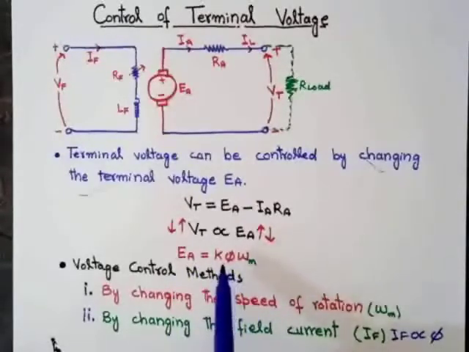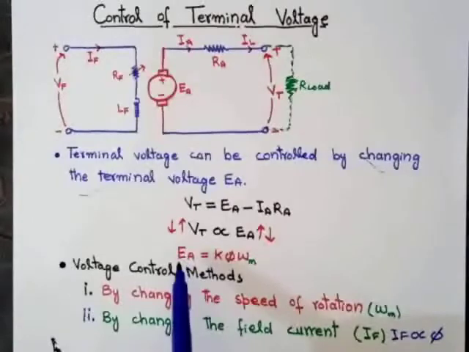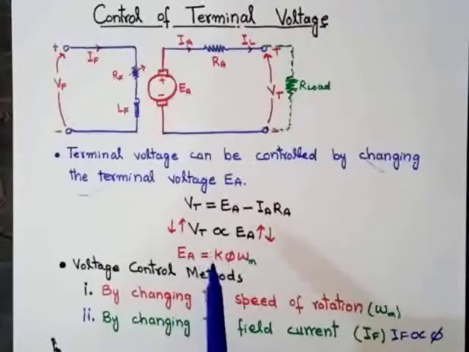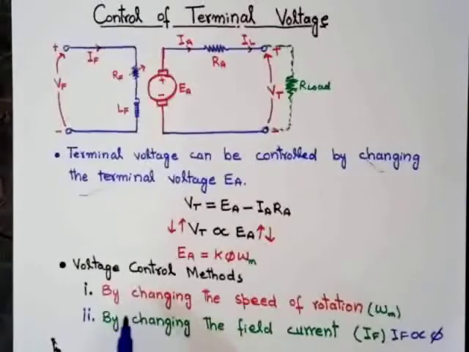By decreasing the flux, the internal generated voltage will decrease. K is a constant, we can't change K. We only change two parameters: the first one is the speed and the second one is the flux. So that's why there are two methods. The first is changing the speed of rotation, and the second is changing the field current.